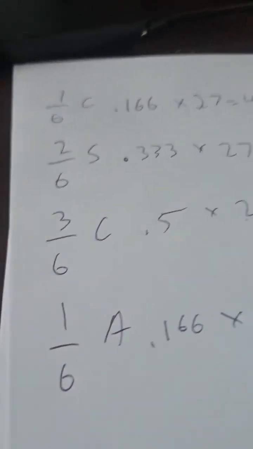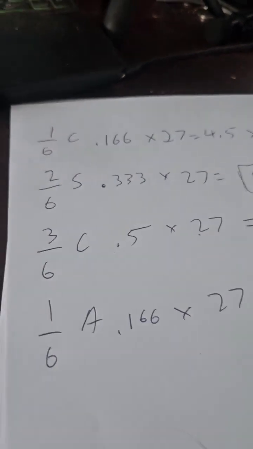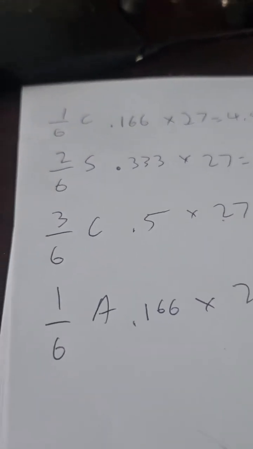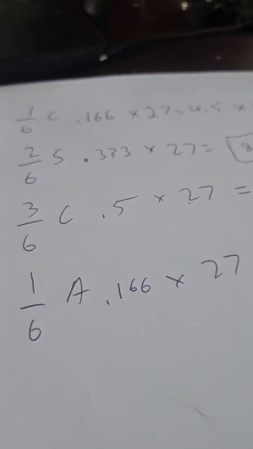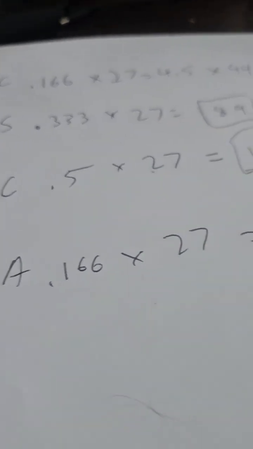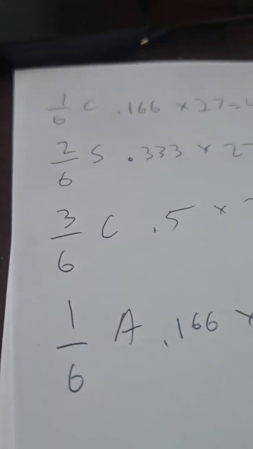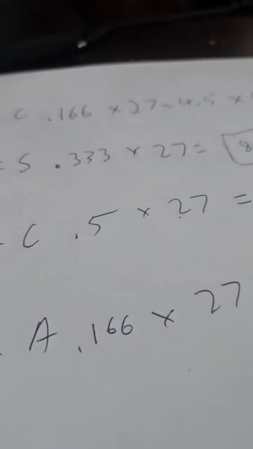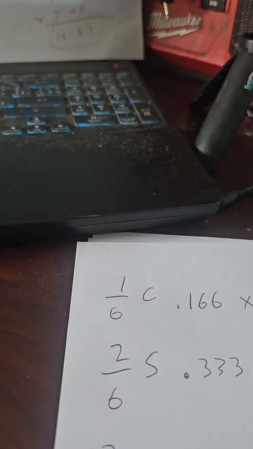Now, the additive usually comes in a fluid form. How that works is we know there are 7.48 gallons per cubic foot, so we multiply by our 4.5.